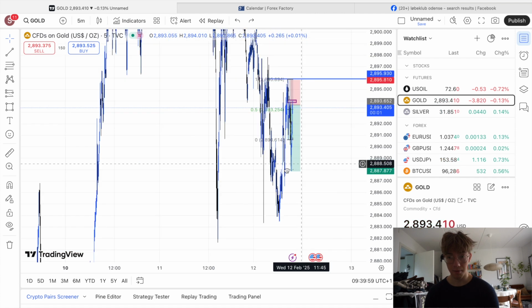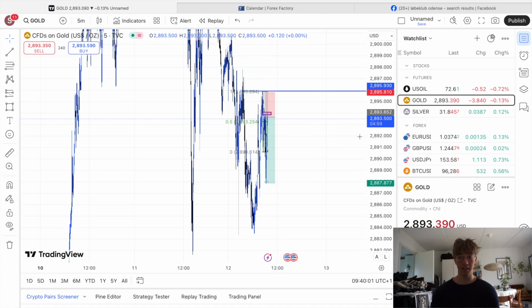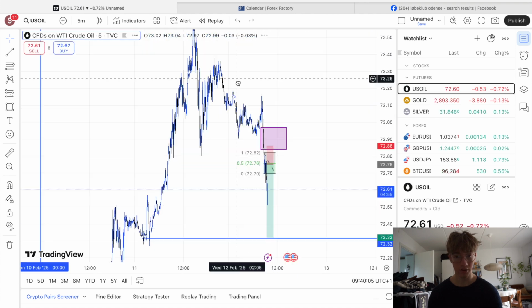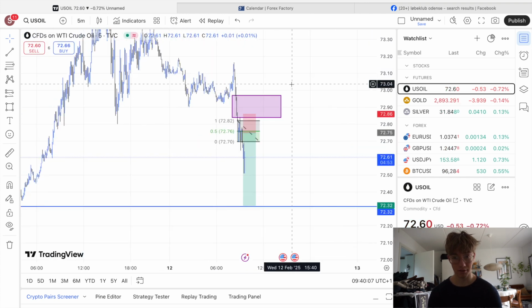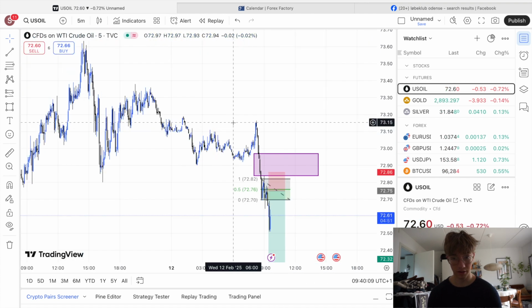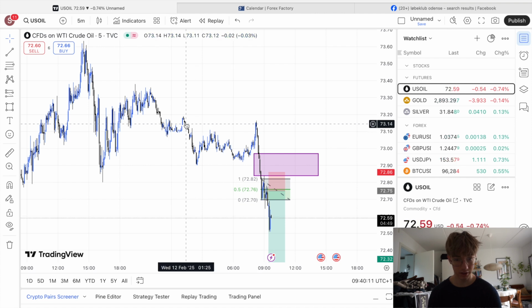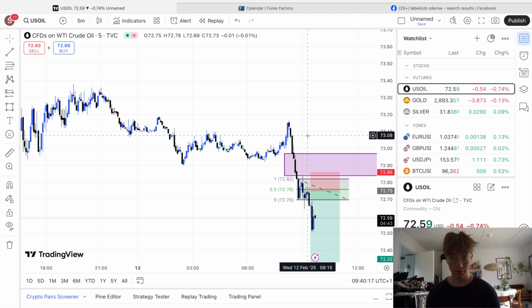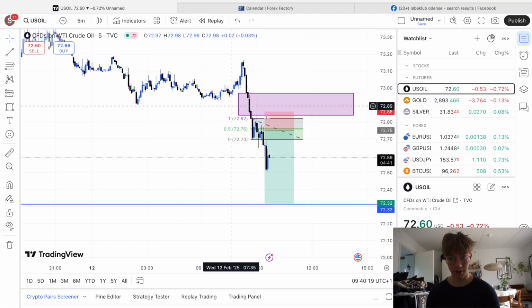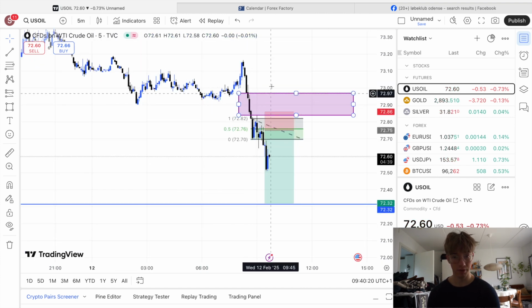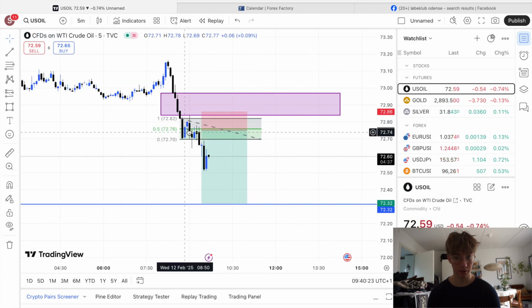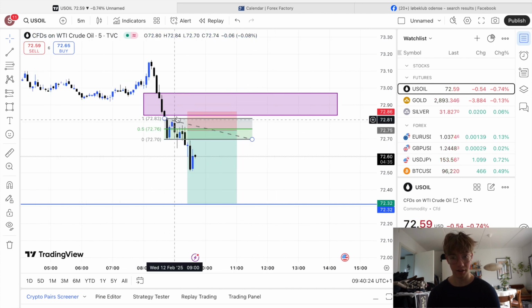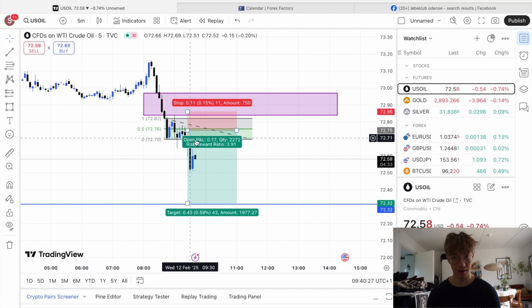The other trade I've taken is on oil. We saw this massive, you see, we have here a liquidity line within this area. We saw a sweep of that. We saw a 15-minute fair value gap right here, and you see, we poked into it right here and then continued downwards.